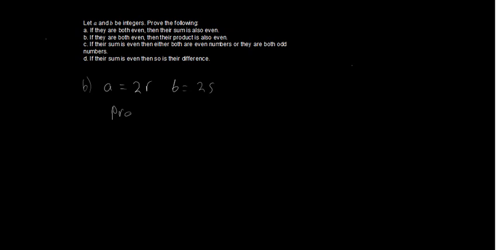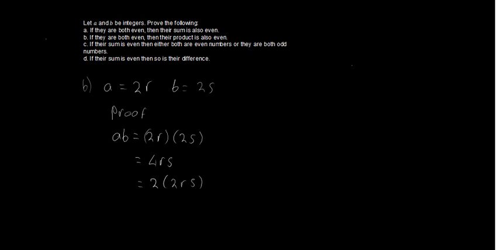So how are you going to prove that? AB is equal to 2r by 2s. If we multiply these two together, what we have is 4rs, right? 4rs is the same as saying 2 times 2rs.